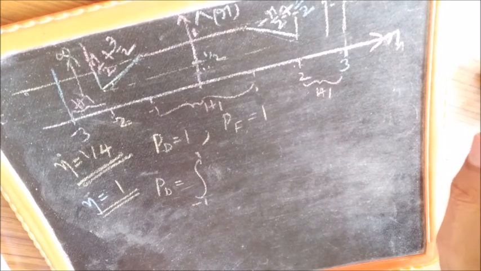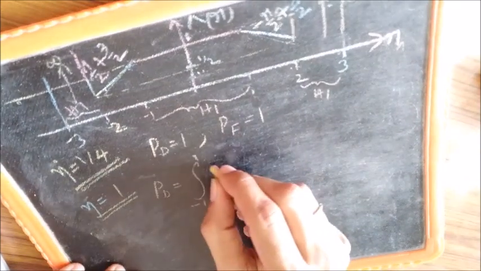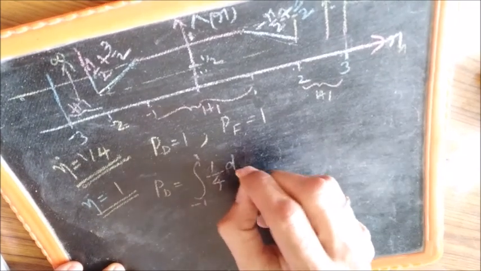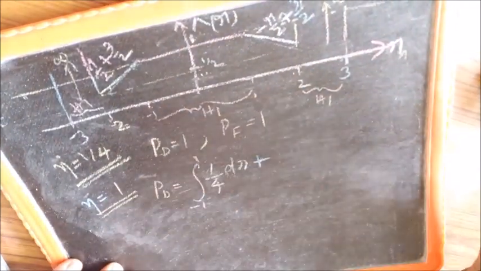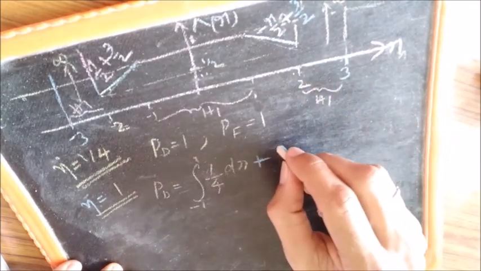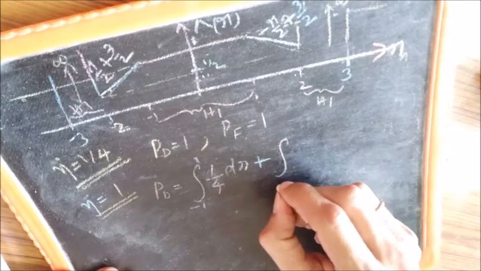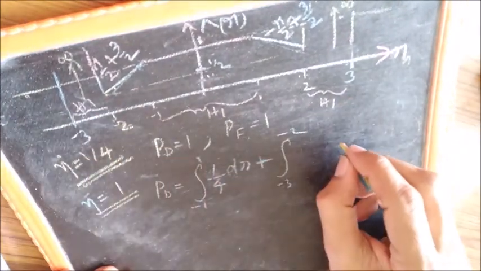So that was a trapezoidal function, and for the range minus 1 to 1, it's 1 by 4, plus the integral from minus 3 to minus 2, because minus 3 to minus 2 is also there, 2 to 3 is also there.